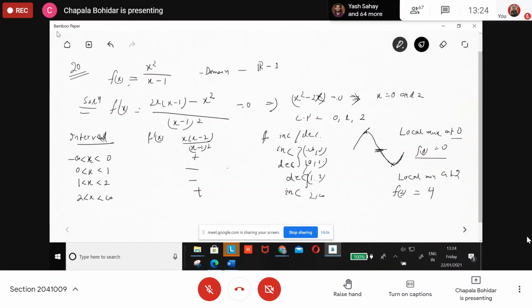If the domain of f includes 1 and f dash at 1 still does not exist, then we can say that 1 is the critical number. But since 1 is not included in the domain, how is it possible that 1 is the critical number?